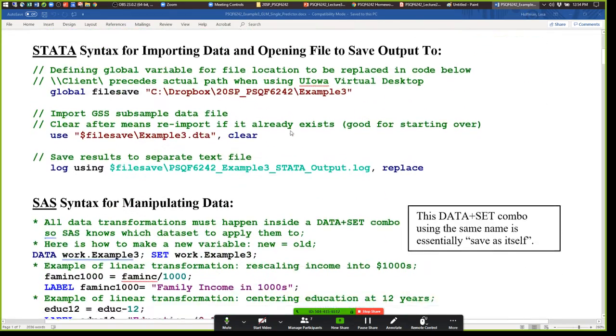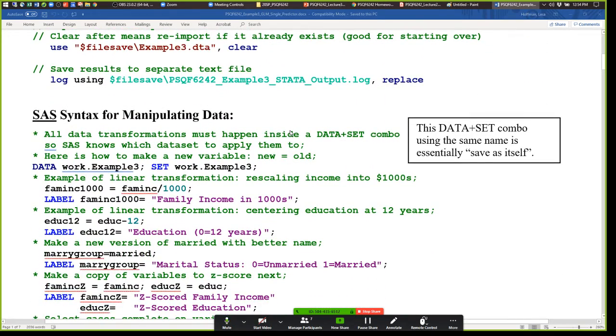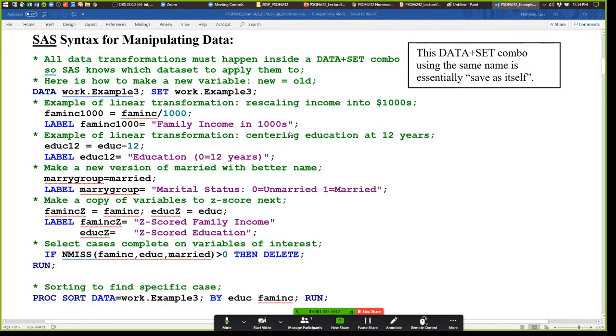In your homework, the only thing that you have to do in terms of data transformation is center the quantitative predictors in the problems, such as, here's an example of how I centered education. Centering means make a new column, give it a name. So for instance, education 12 equals the old column minus the centering constant.